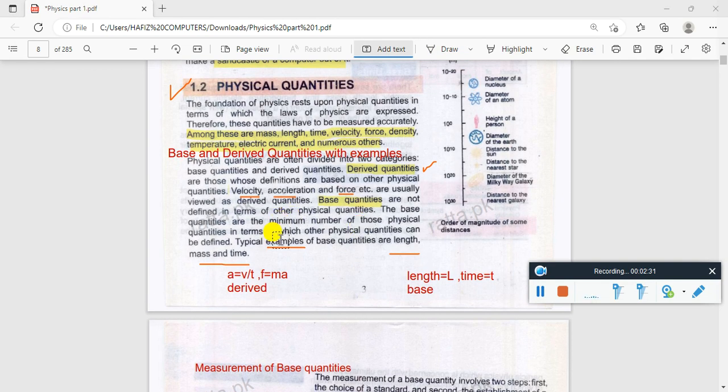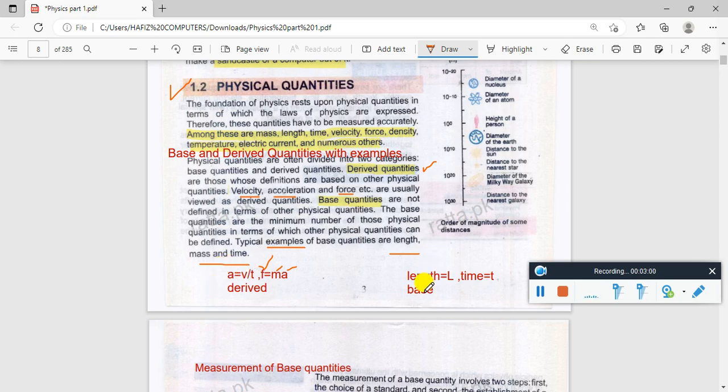I have written here that a is equal to v over t and F is equal to ma. a is the acceleration, v is the velocity, t is the time. So mass and acceleration are multiplying each other to form a derived quantity. And similarly v over t is being used to form a derived quantity.